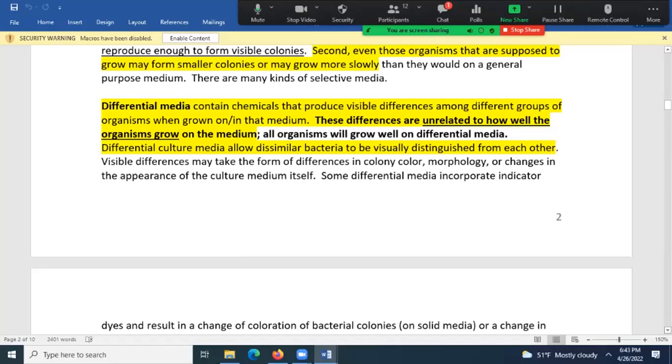There's also differential media, and this media contains chemicals that produce visible differences among different groups of organisms that grow on the media. They may have a different color, or they may take on a different characteristic. And then you can look at the colonies and see differences between two different species. The differences are unrelated to how well the organism grows on the media.